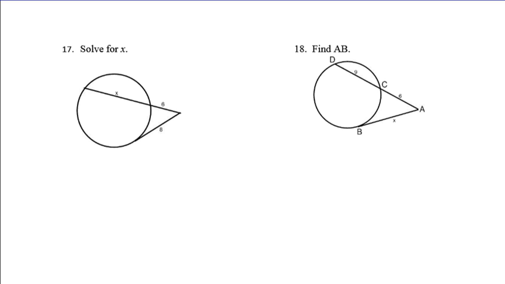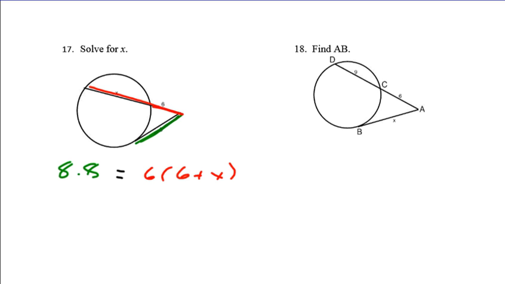Here again, we do need to do some addition. We have 8 times 8. And on this one, we have 6 times 6 plus x. And these are equal to each other.